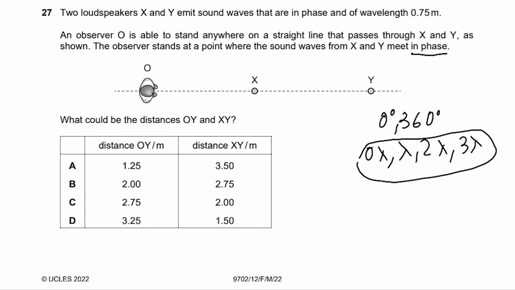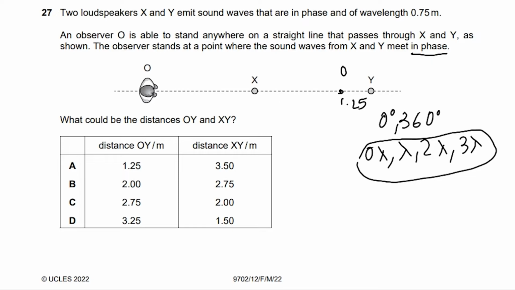Let's check the options. In option A, the distance OY is 1.25 meter and the distance XY is 3.5 meter. So this means that O is somewhere here, the distance OY is 1.25 meter, the distance XY is 3.5 meter.